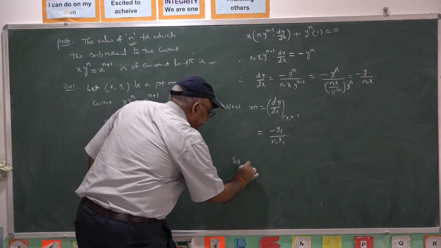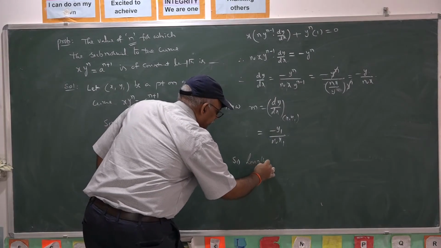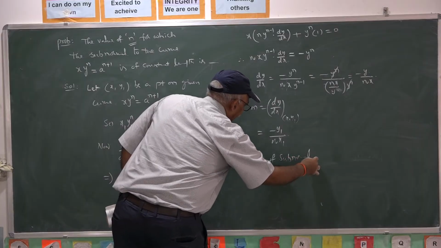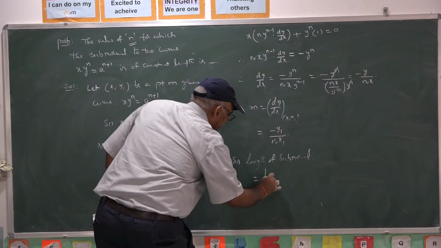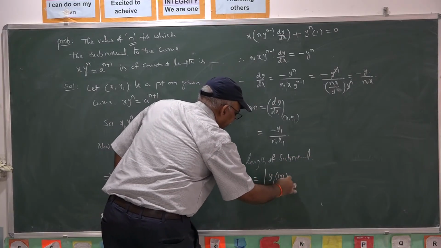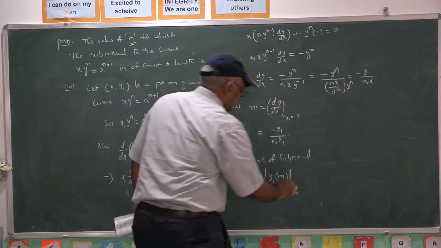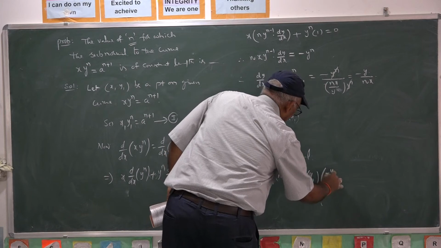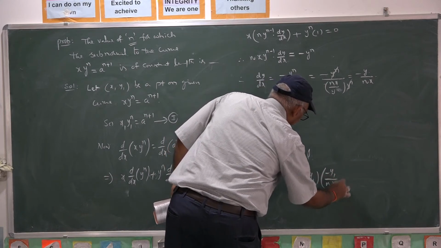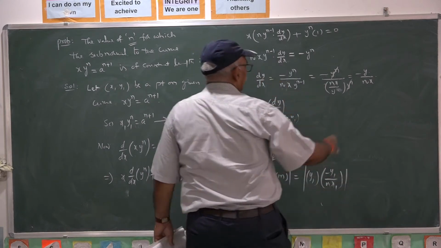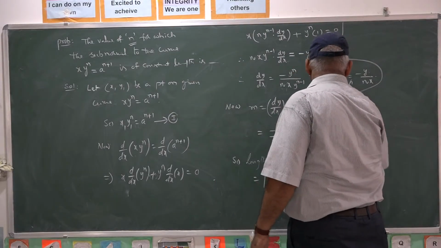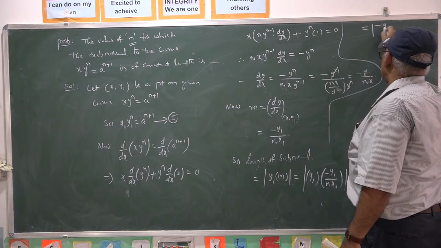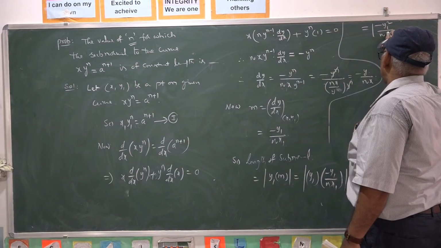So, the length of the subnormal is the modulus of y1 into m, that is the modulus of y1 into minus y1 by nx1, which is equal to the modulus of y1 square by nx1.